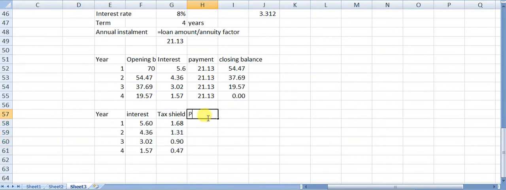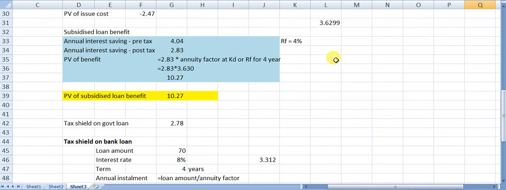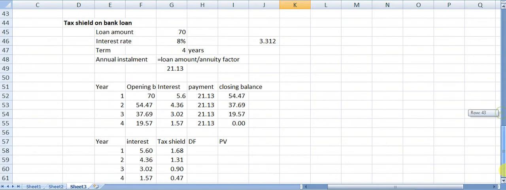Multiply that by present value, guys, because I need to get that total present value, right? To present value, what you have to do, multiply by discounting factor. What is the discounting factor we are using? Financing side effect, we have been discounting at RF, right? We decided the annuity factor at RF, so here also you must use RF. RF is how much? 4%.